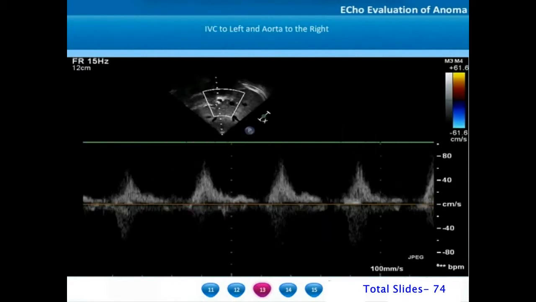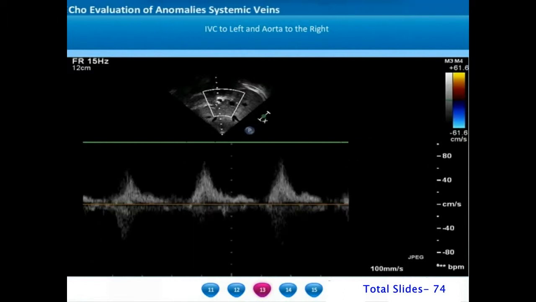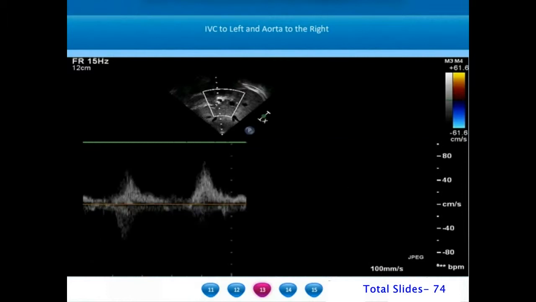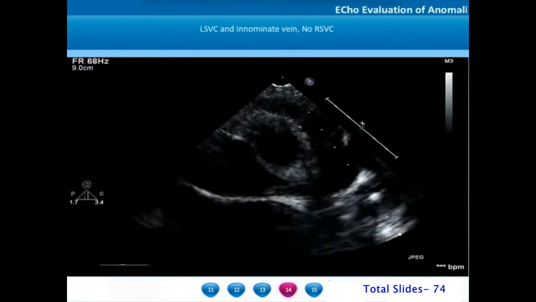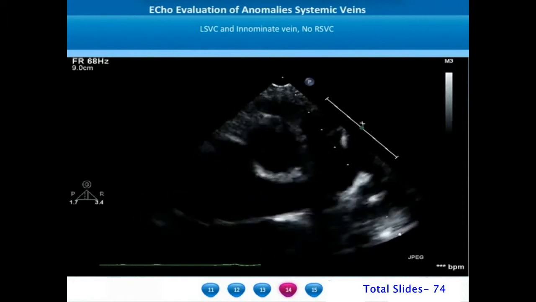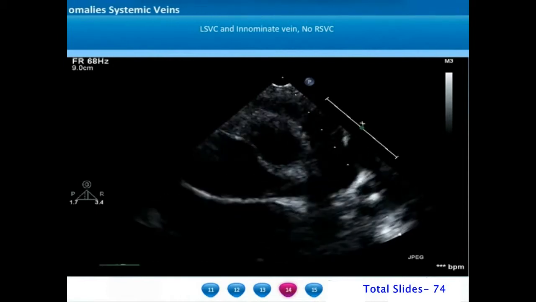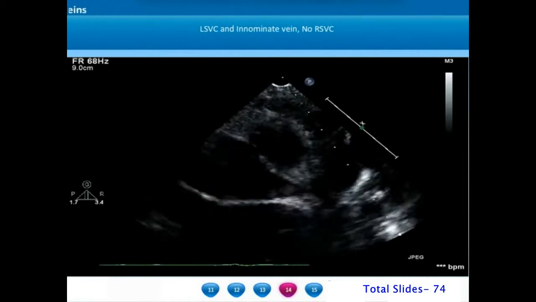In situs inversus totalis, the inferior vena cava lies on the left side of the spine and the abdominal aorta to the right side of the spine. This can be appreciated from the subxiphoid view when we keep the transducer in a coronal plane. In situs inversus totalis, both the innominate veins will converge towards the left superior vena cava and the right superior vena cava will be absent.